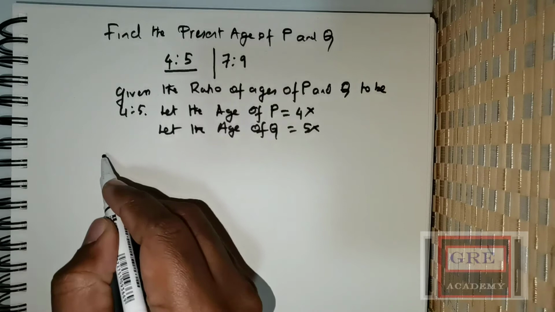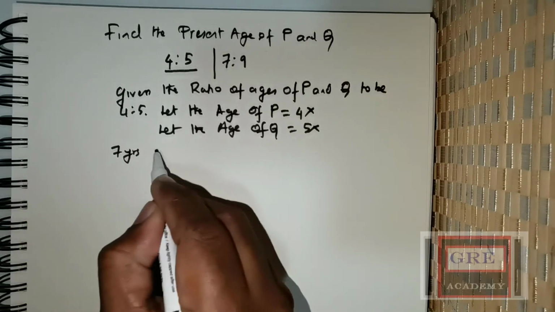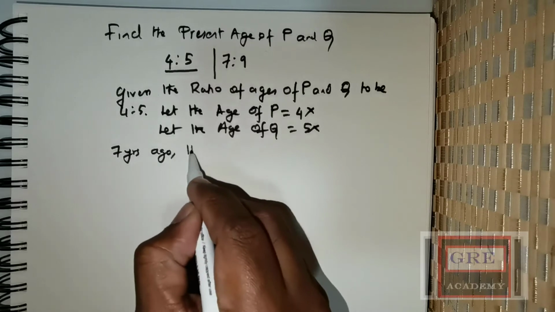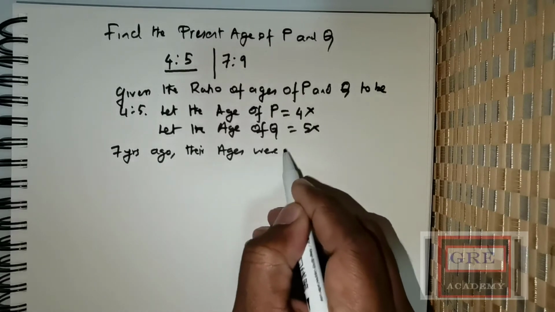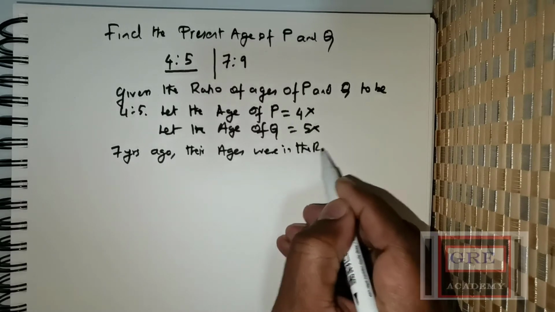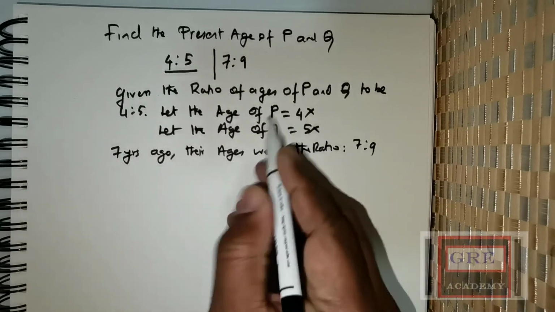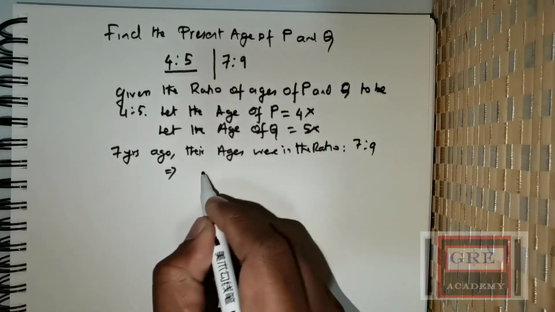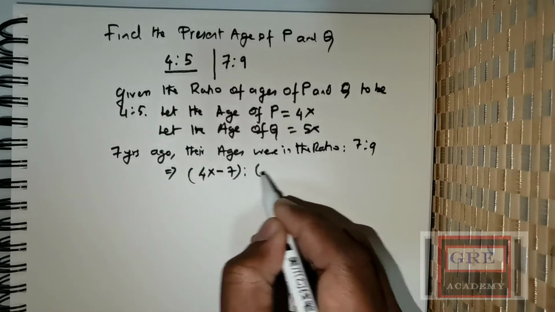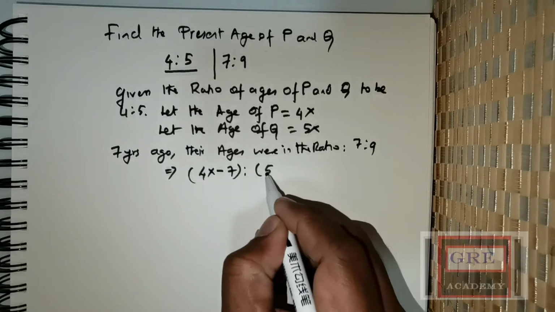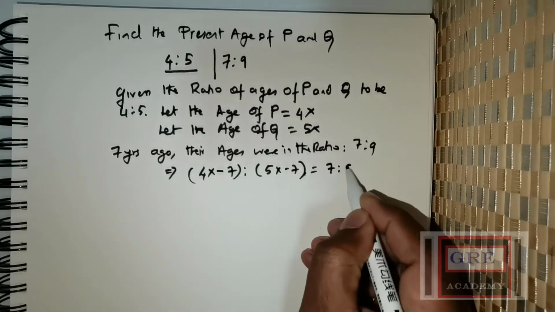Now the question says 7 years ago, okay, 7 years ago their ages were in the ratio of 7:9. So this would mean 4x negative 7 to 5x negative 7 were in the ratio of 7:9.